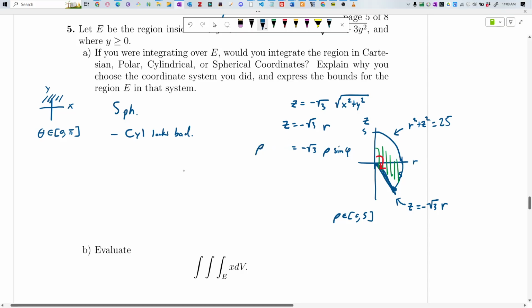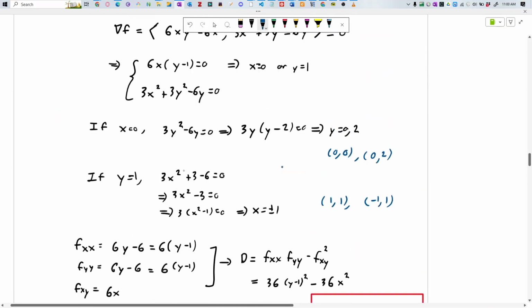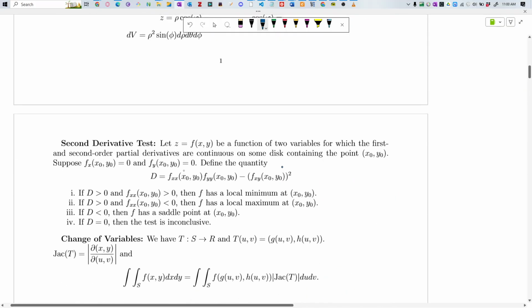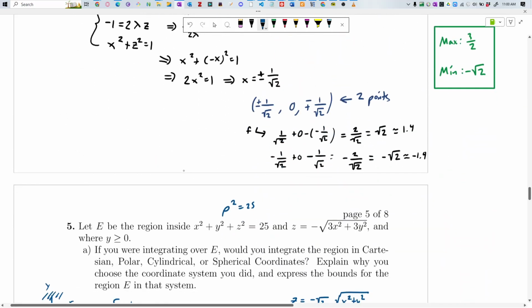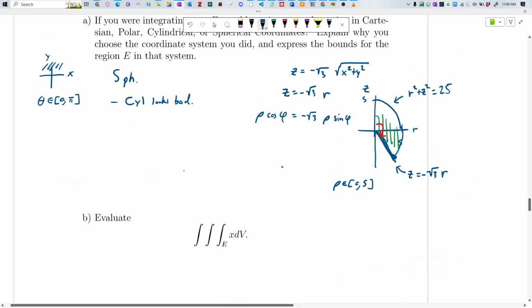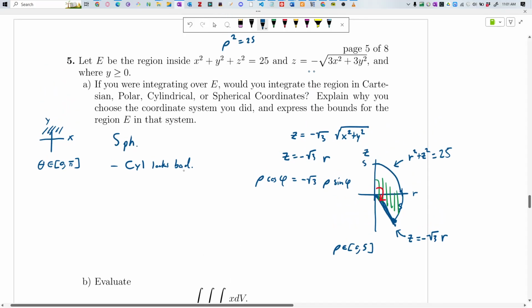Yeah, so I know this is a technique that is used. Did I copy that right? Z is rho cosine phi. Yes. Okay. So that is converting this bound of the region into spherical, which is describing this line.